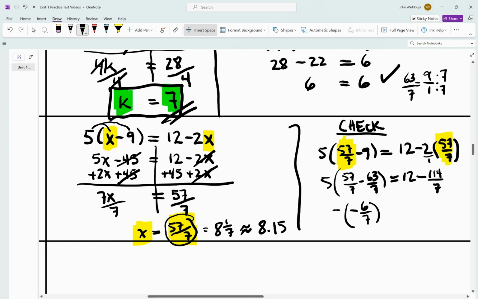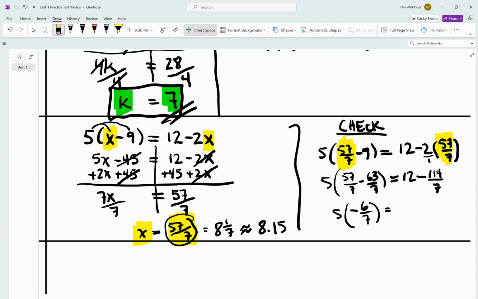And that's times 5. 12, once again, 12 is the same as 12 over 1, times 7, and 12 times 7 is 84.